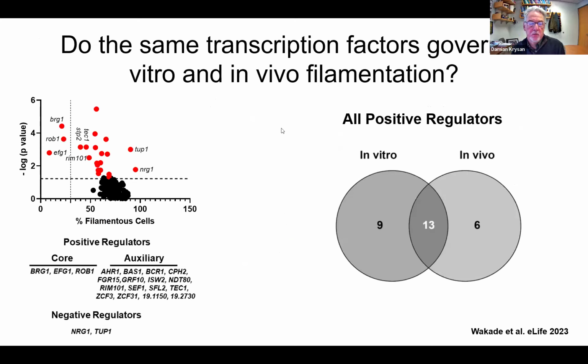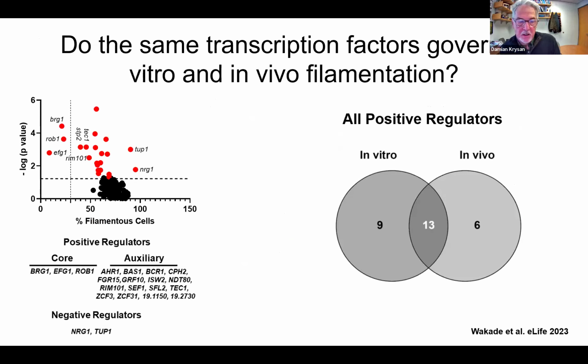And so the next thing we did was to ask what transcription factors then govern this process in vivo, and are they the same transcription factors that have been characterized as having important effects in vitro. And what we did was we used our ear model and screened the Homann collection of transcription factor deletion mutants.